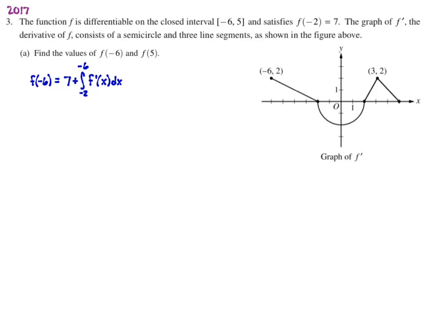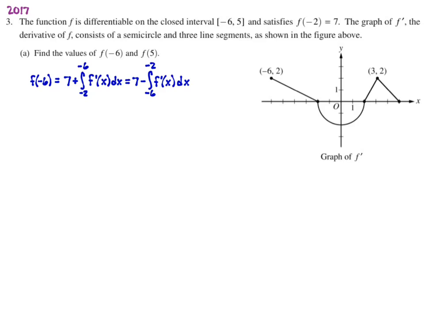And so from here we just need to simplify this, solve it. We are looking for the integral from -2 to -6. Now notice we're going backwards here. We're going from -2 to -6. So what I'm going to do is flip that integral, so it'll say 7 minus the integral from -6 to -2. You don't have to do that, but I think it makes it a little bit more clear on what you're doing.